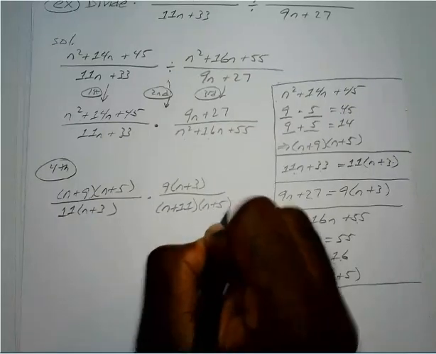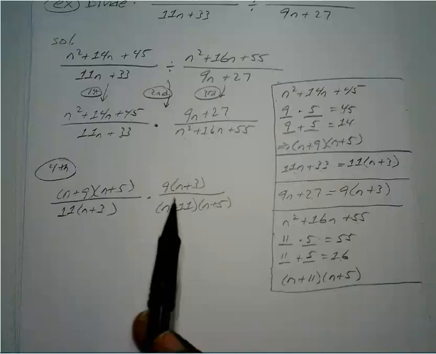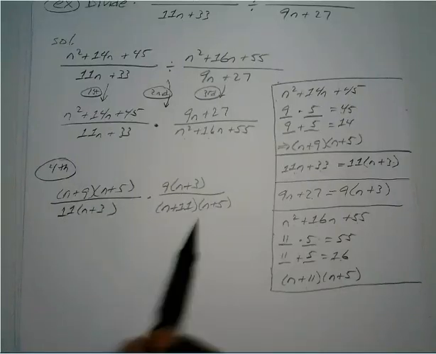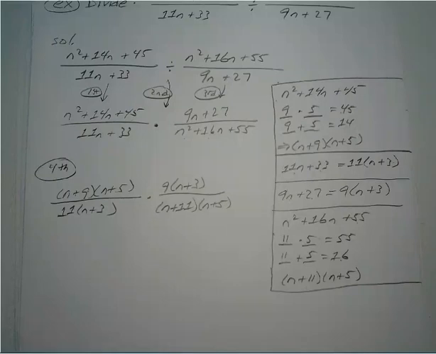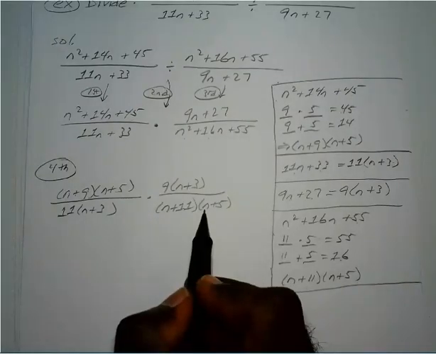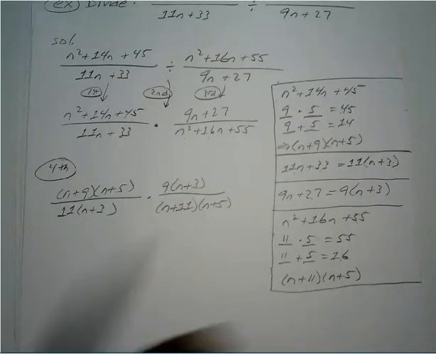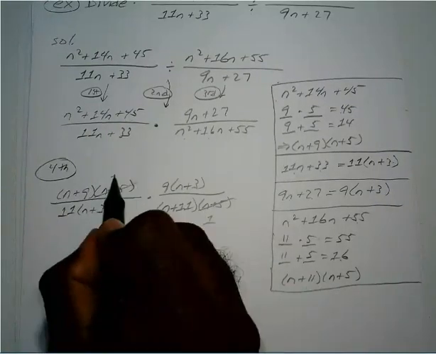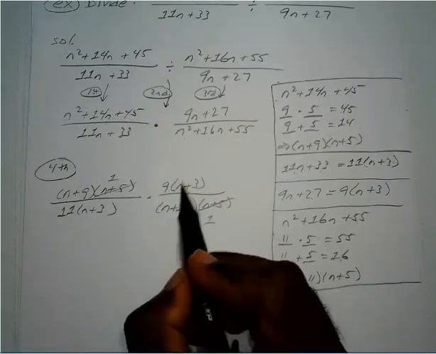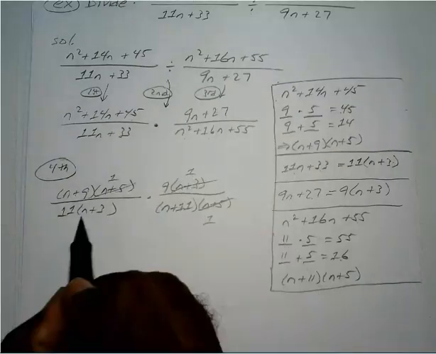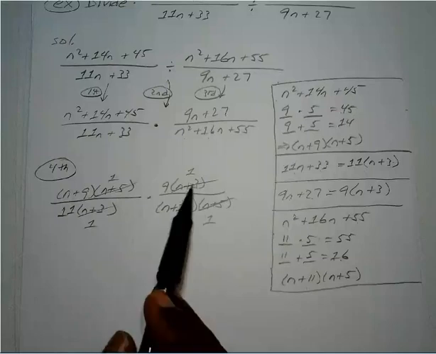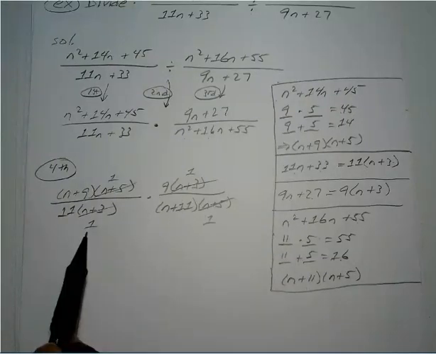Okay, now if you want to, you can rewrite these all over the same fraction, or you can just cancel it just like this. Because remember, you just have to have your numerator and denominator with the same factor. So you have n plus 5 here and n plus 5 here. You have an n plus 3 up here that cancels with an n plus 3 down there.